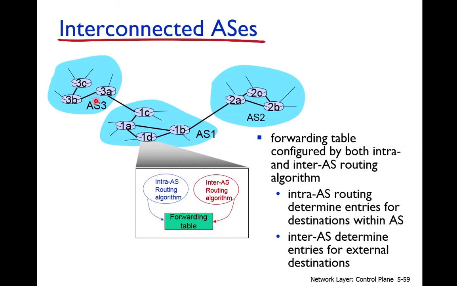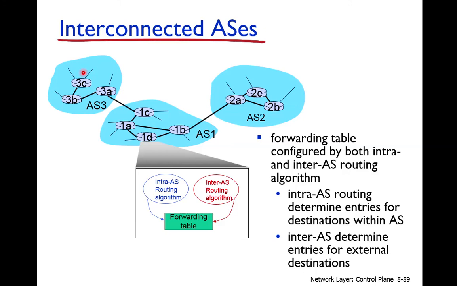Now we have two types of routing. For example, 3C wants to send data to 3B. There is a possibility that a source node is sending data to a destination, and both source and destination are within a single autonomous system.